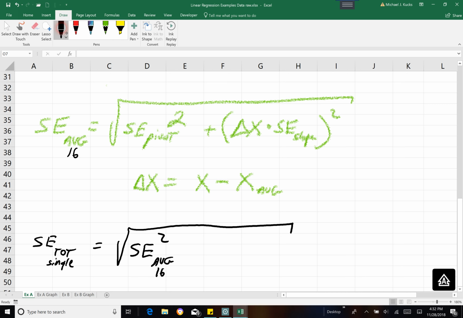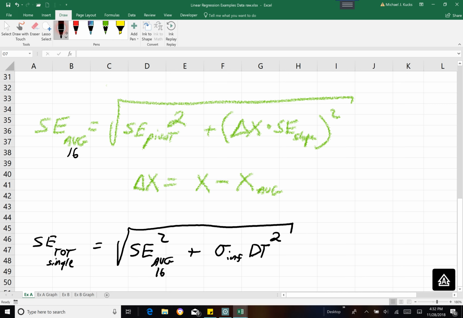It's going to be this result that we just did, the average, plus the average amount of fluctuation for a single measurement, right?